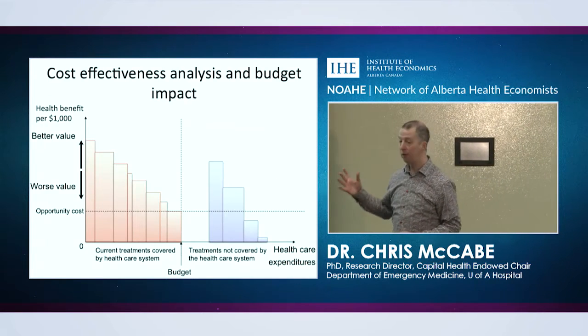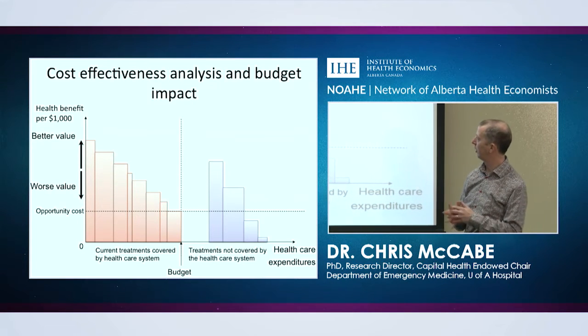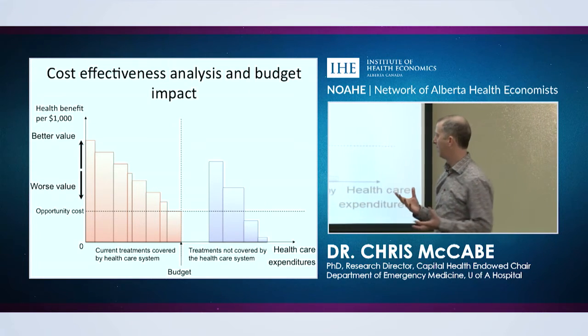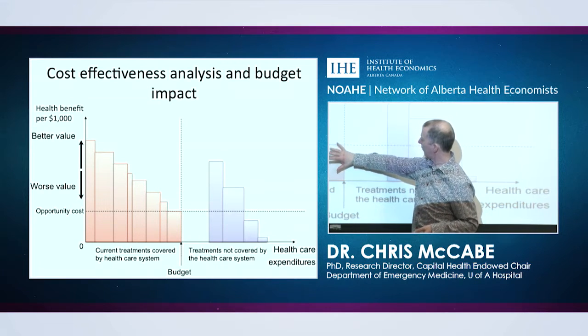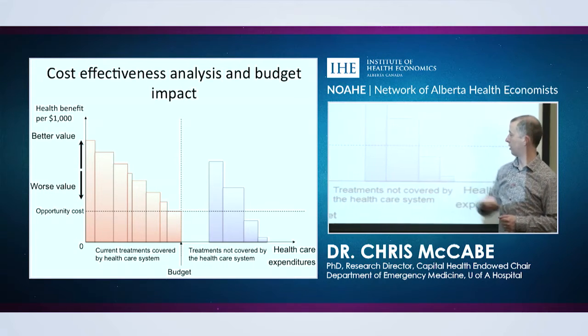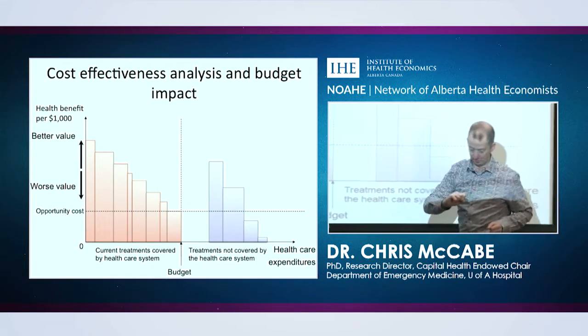So you will hopefully remember this diagram that I presented earlier in this series, explaining how cost effectiveness analysis identifies the opportunity cost, and from that the threshold at which we define good value. And we should adopt technologies that are good value given that threshold.